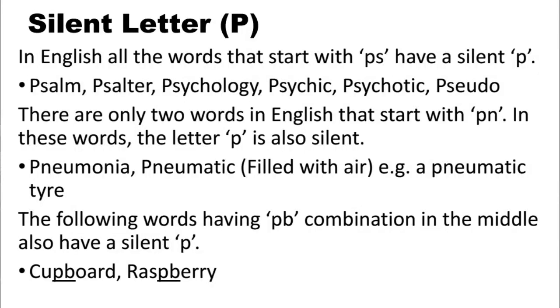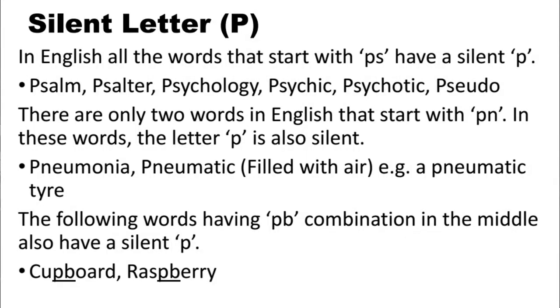So all these words start with the combination P and S. So all the words in English that start with the combination of P and S have a silent P. P is not pronounced in all those words in which there is a combination of P and S at the start of the words.